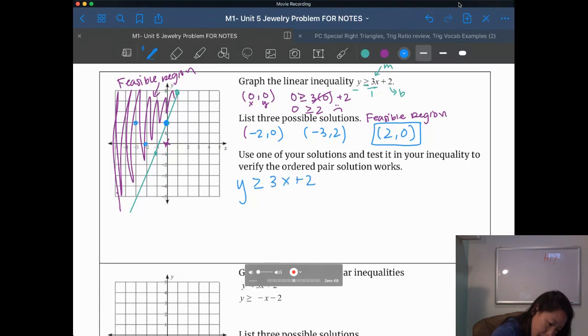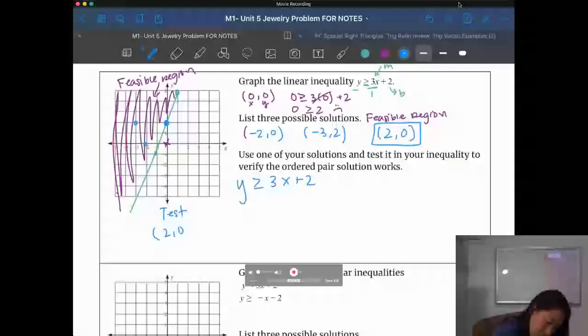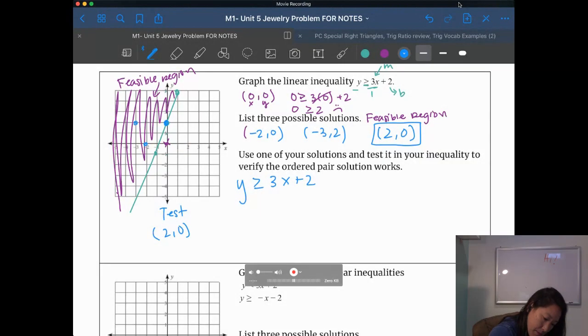So we're going to test 2, 0. I said this backwards. So right here, this is wrong. This would be 0, 2 because it is on the y-axis. 0, 2. Okay, so my x is 0 and my y is 2.